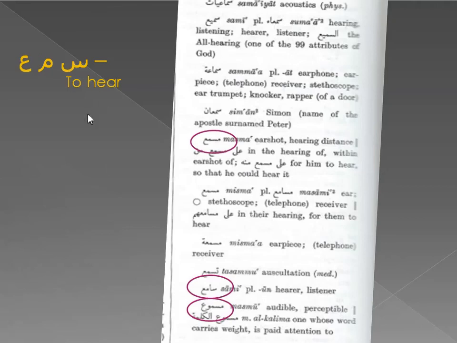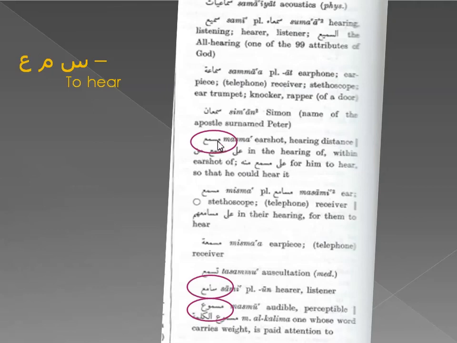Okay? Masmu'. Masmu' with the meem here and the long vowel u. Masmu', we recognize that is clearly, right? Exactly. It's the passive participle, heard. So here, as we said before, like audible, perceptible, something that can be heard, it also does mean something that is heard, has been heard.